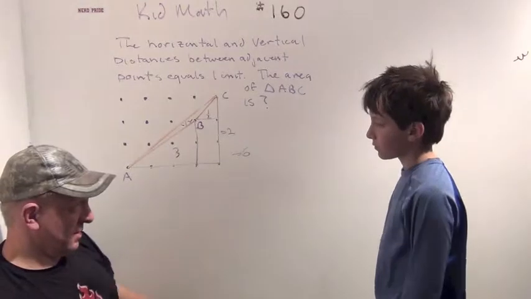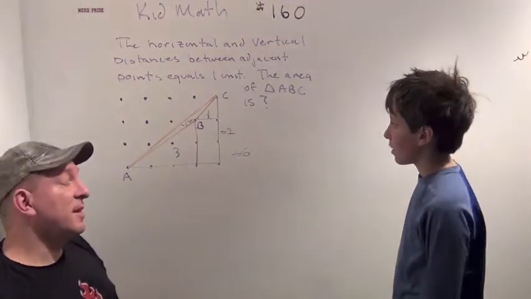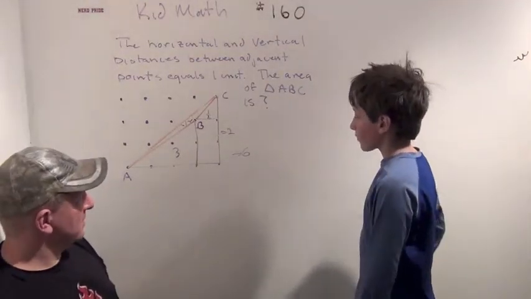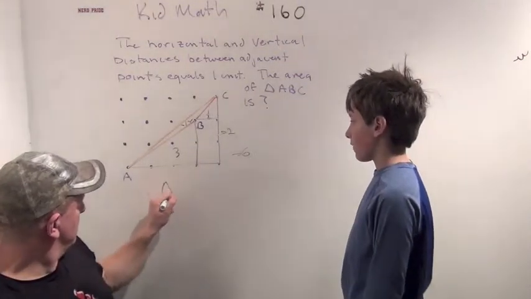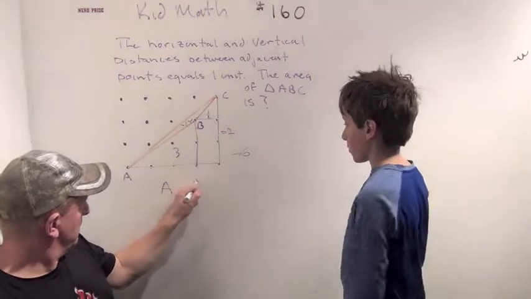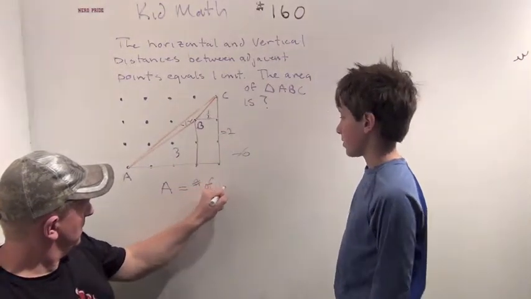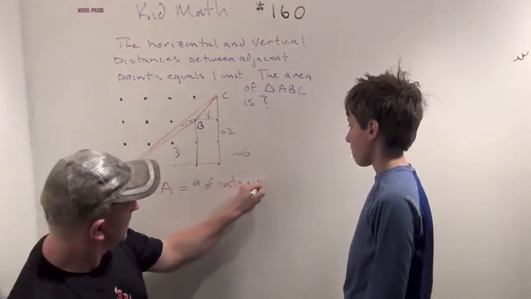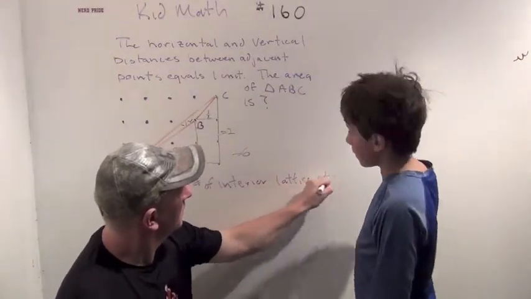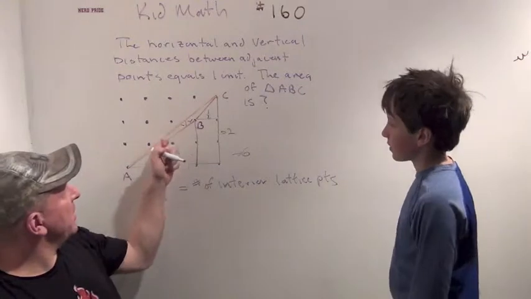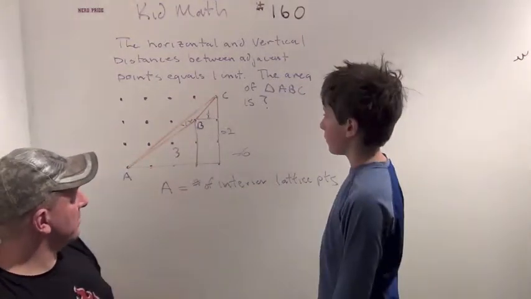So what does Pick's theorem say the area is? It says the area equals the number of interior lattice points, plus the number of points on the boundary of the shape divided by 2, and then you subtract 1. So how many lattice points are on the inside of our orange triangle? None.